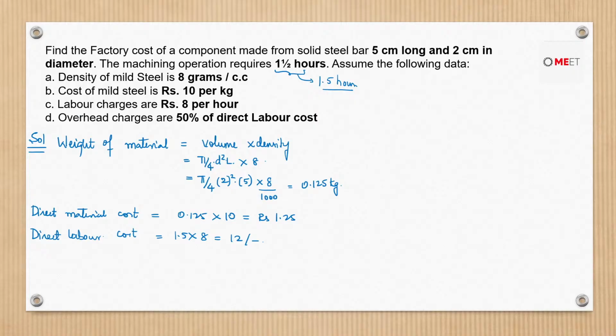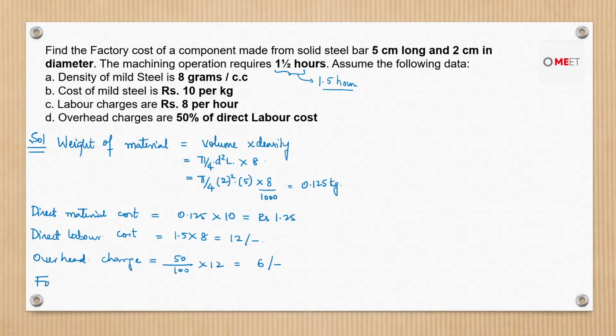So 1.5 hours into 8 is equal to 12 rupees. Labor charges have been completed. Next is overhead charges that are 50% of the labor cost. That is 50 by 100 into 12, which is 6 rupees.